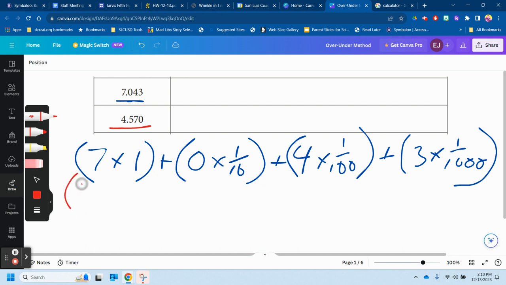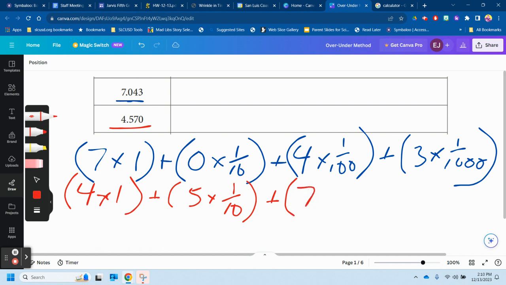So this is 4 times 1, plus this 5 is in the tenths place, so 5 times 1/10, plus the 7 is in the hundredths place times 1/100. And the zero doesn't do anything. I could add 100 zeros to the right of the number and decimal. I could keep going forever. It doesn't change the value of the number, just like writing it to the left doesn't change the value.